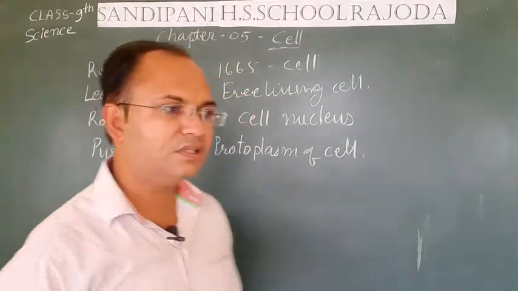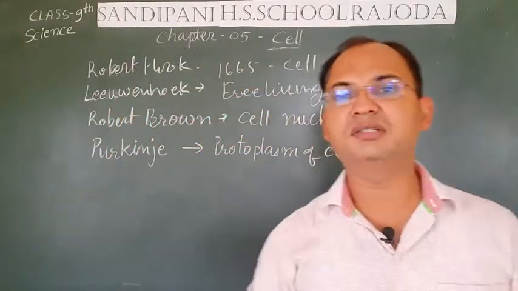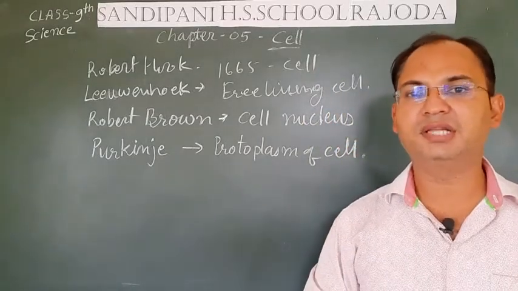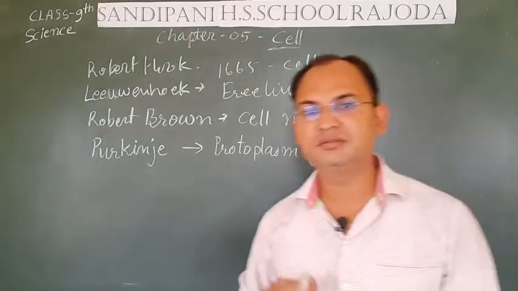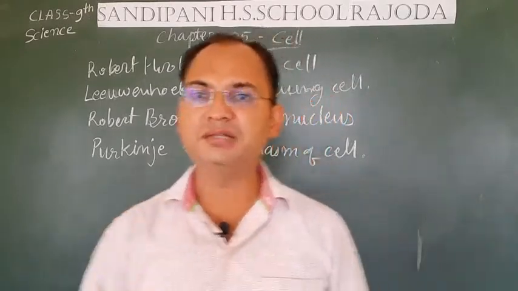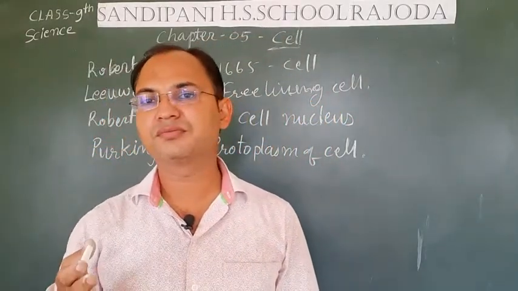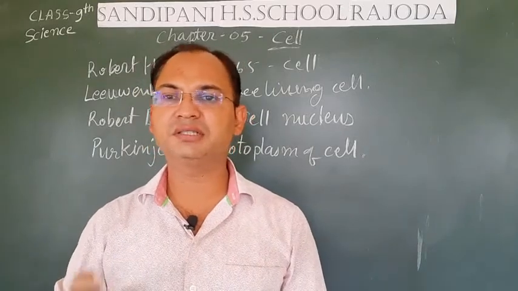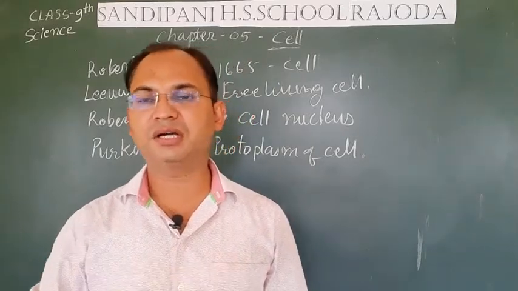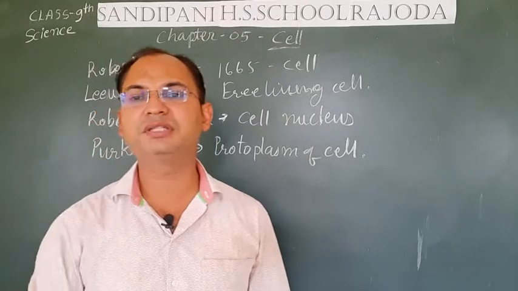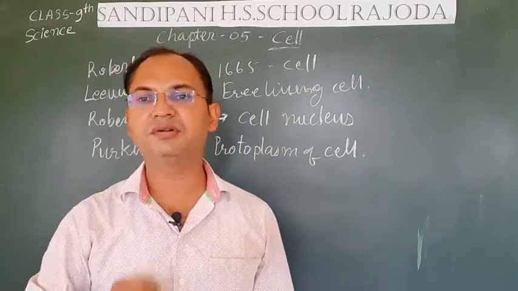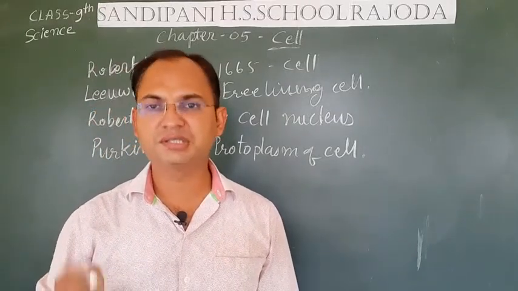Now, after the discovery of all these things, two scientists named Schleiden and Schwann proposed the cell theory. We will discuss the cell theory also. The cell theory first of all stated that all the living organisms are made up of small living units, and the name of that small living unit is cell.